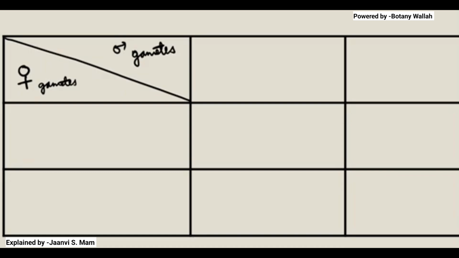If you see in the previous slide, I had shown that male gametes were capital T. So I will put capital T here as male gamete. This is capital T and this is small t.